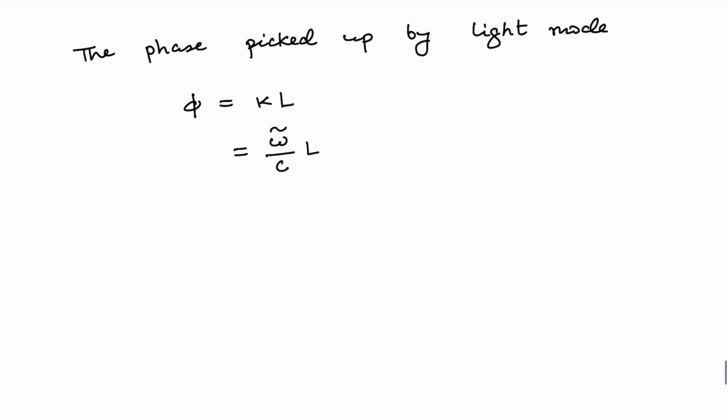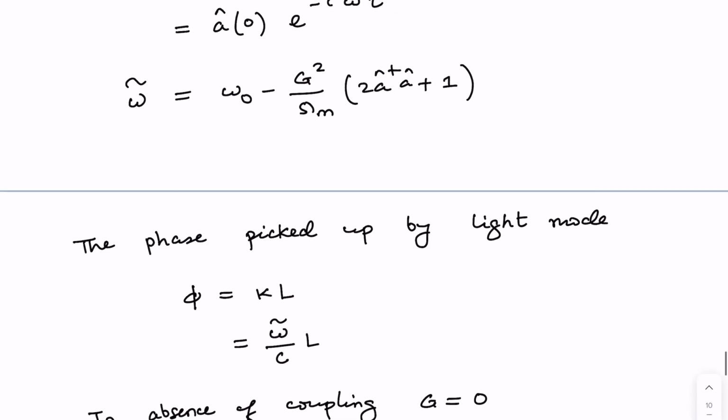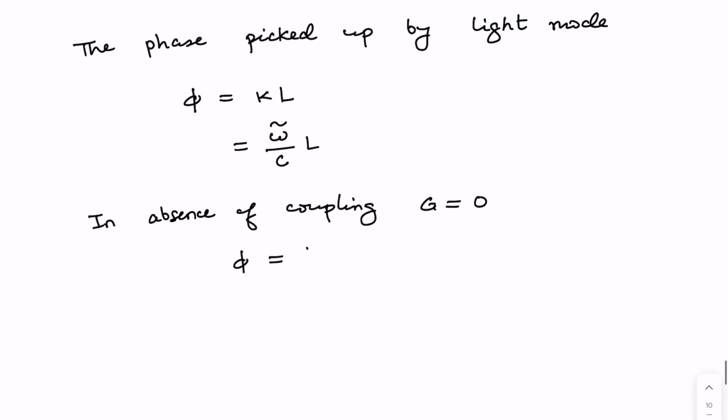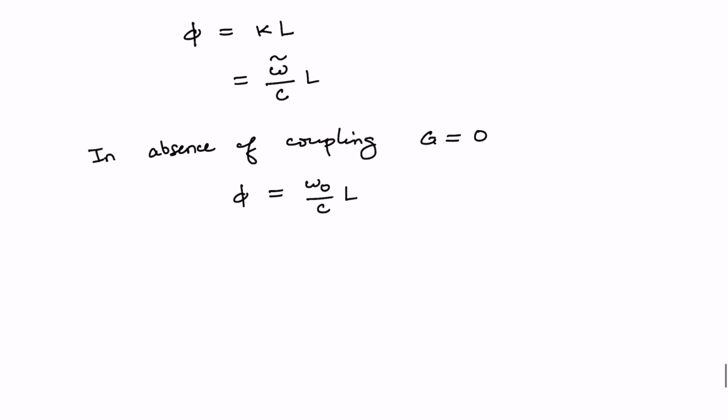And you see, first let me analyze the absence of coupling between the mechanical mode and the optical mode. Then capital Z is equal to 0, and the phase pickup by light is simply omega 0 by c into L. This is obvious.